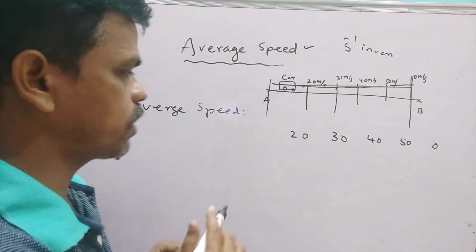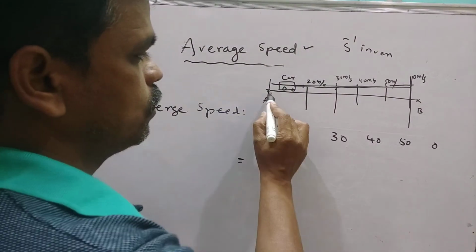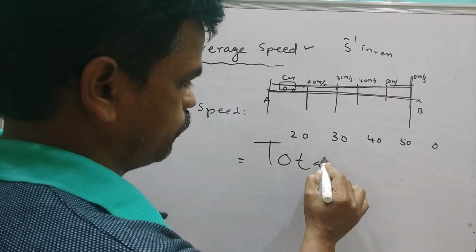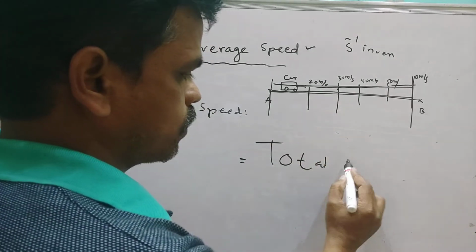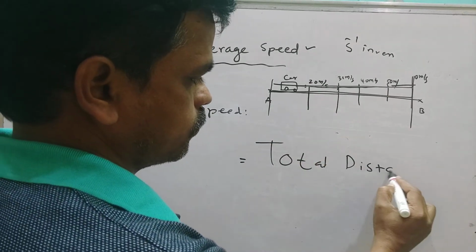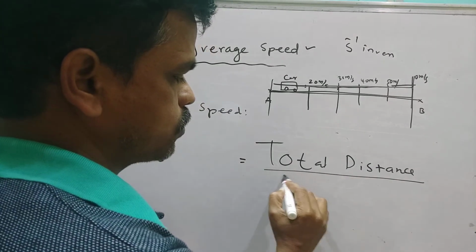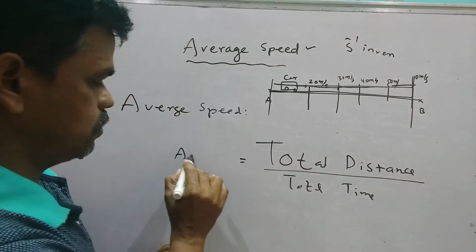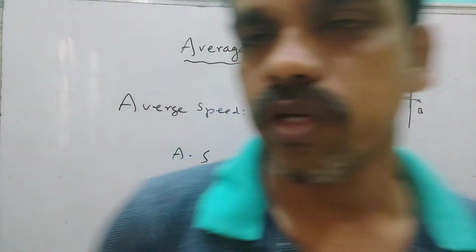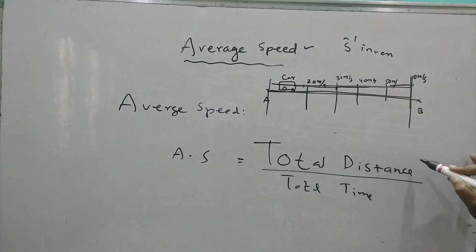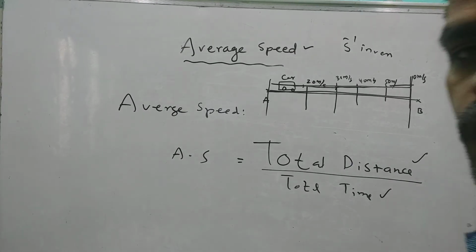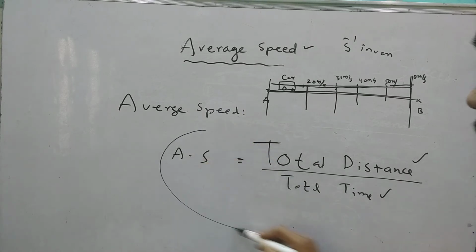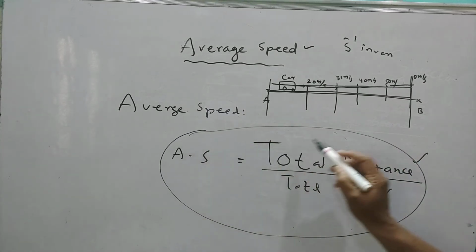Here we have to write average speed equal to total distance by total time. Look here. Total distance by total time.